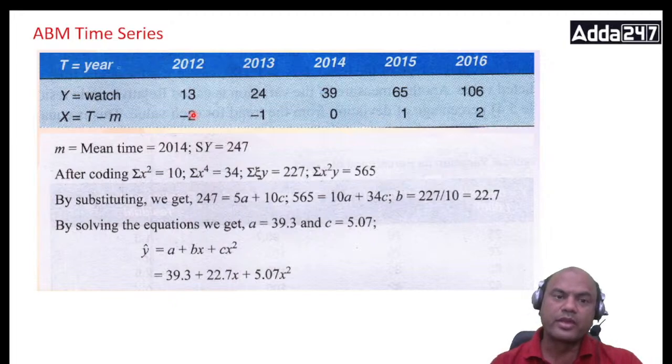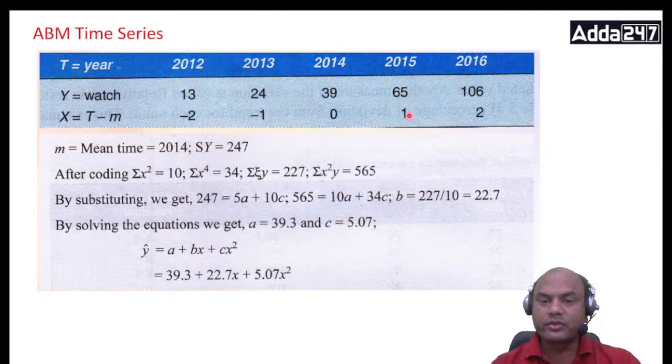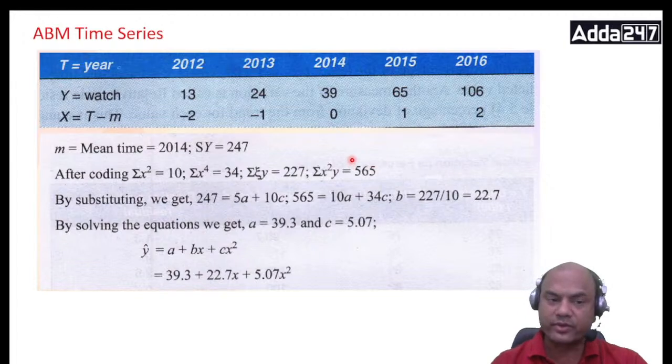Similarly over here, all these. If you do this, minus 2 square into 13, minus 1 square into 24, 1 square into 65, 2 square into 106, you'll get this as 565.